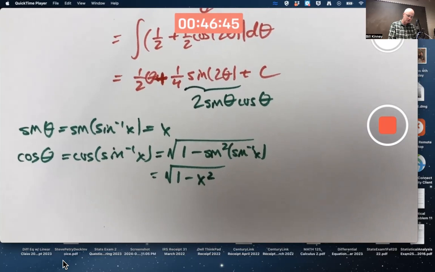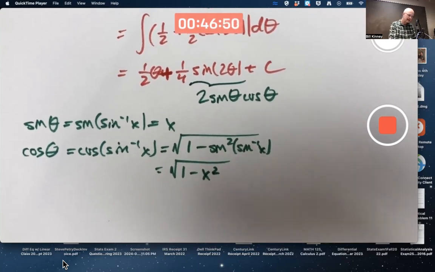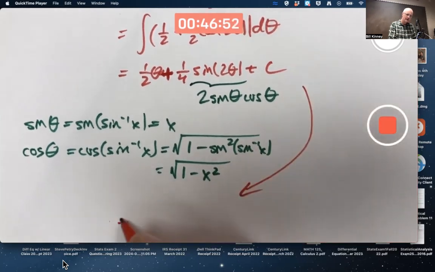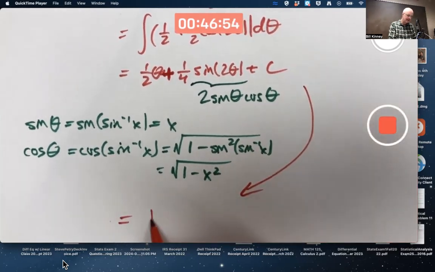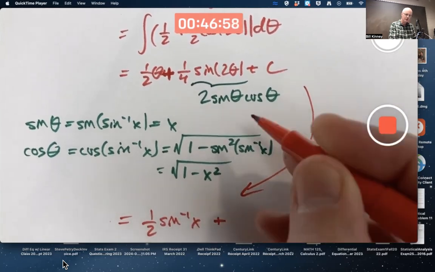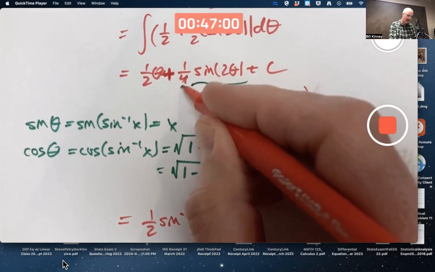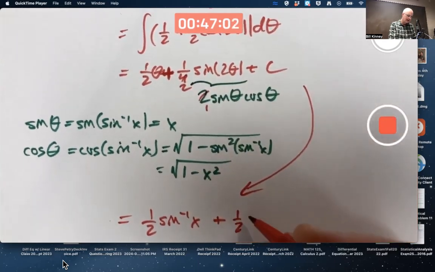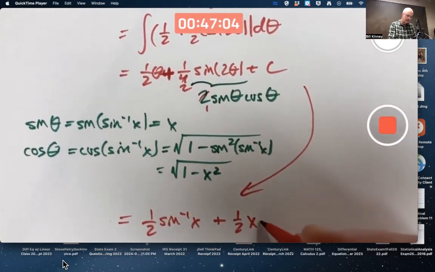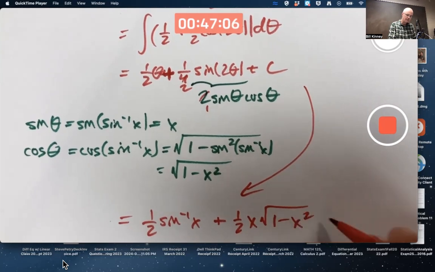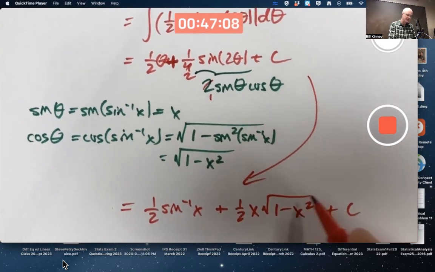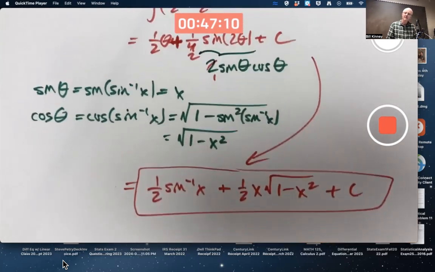That's looking good too. We're almost done. Combine all these things. Theta is inverse sine of x. Then the 2 and the 1/4 cancel to give a 1/2 x square root of 1 minus x squared plus c, the exact same answer we got before. How about that?